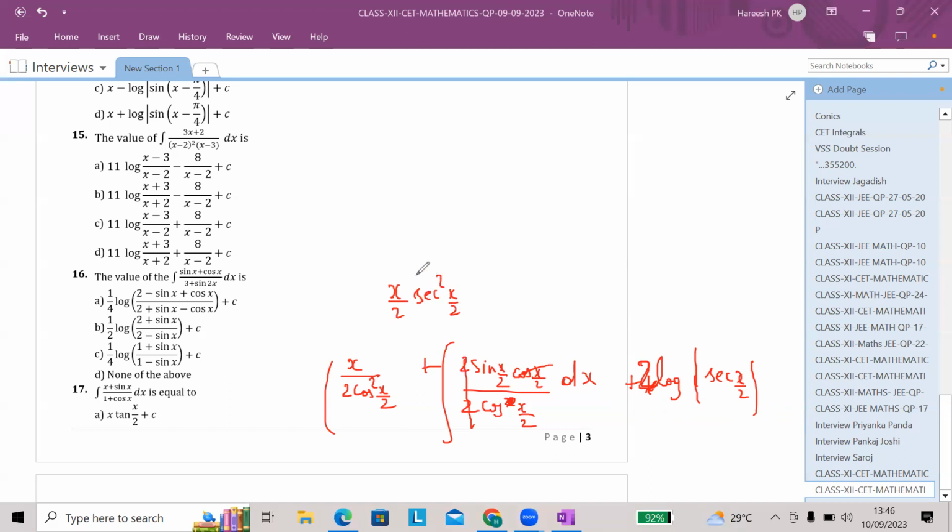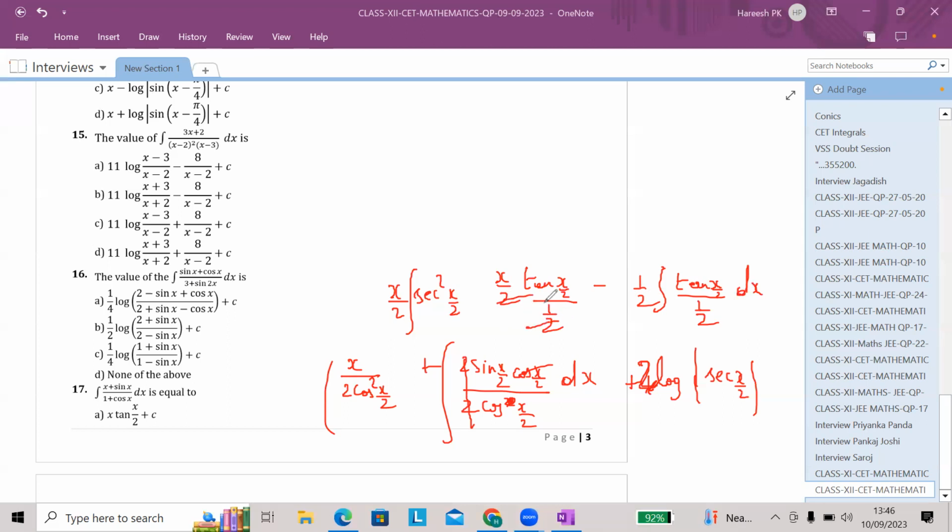When I integrate secant square, I'll get tan. So x by 2 tan x by 2 by half minus 1 by 2 integral tan x by 2 by half dx.